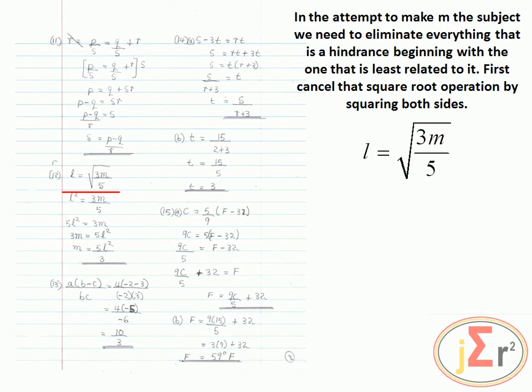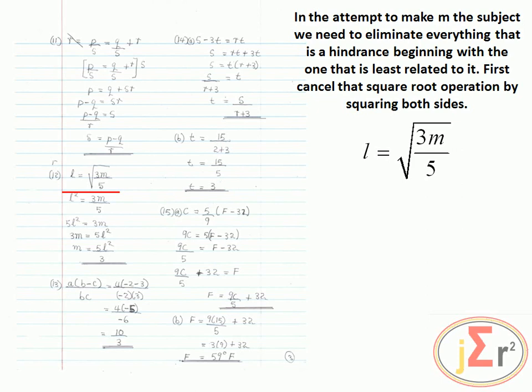And in this particular case, we are making m the subject of the formula. We have that square root operation, we have the 3, we also have that 5 to eliminate. And I am saying that we will stick to principle, eliminating the one that is least related to the proposed subject first. We will therefore eliminate that square root operation.